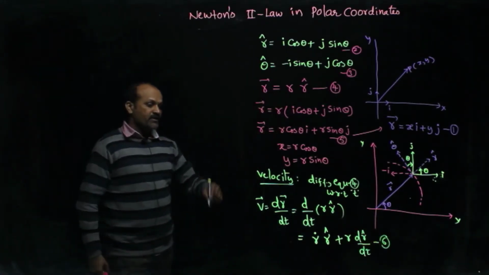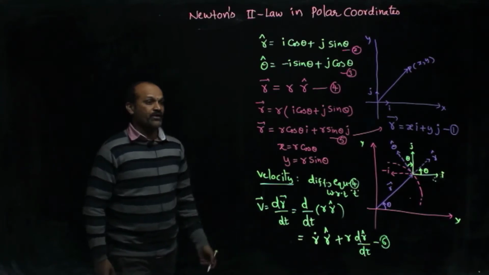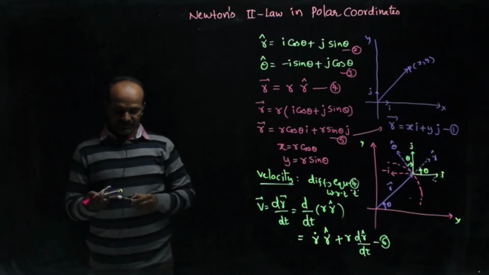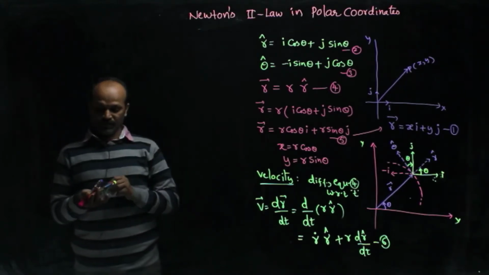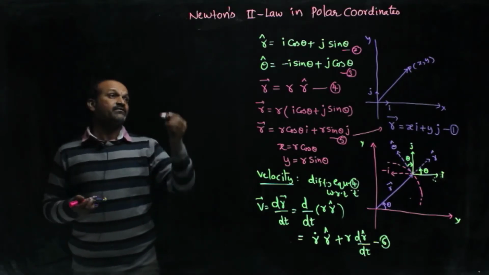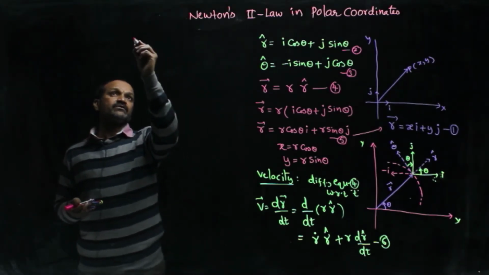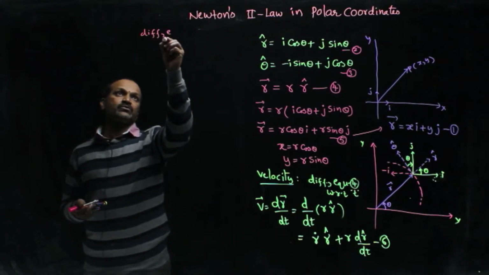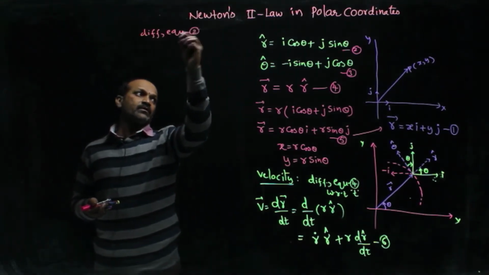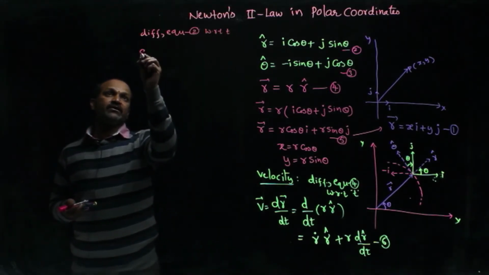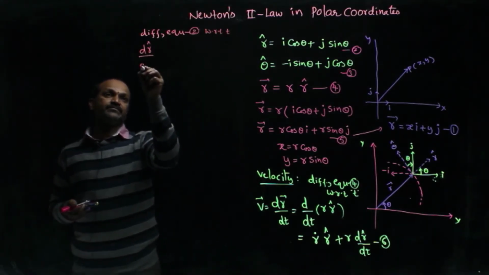See, there dr cap by dt is there, that we have to calculate now. Differentiate equation 2. Differentiating equation 2 with respect to time, we get dr cap by dt.